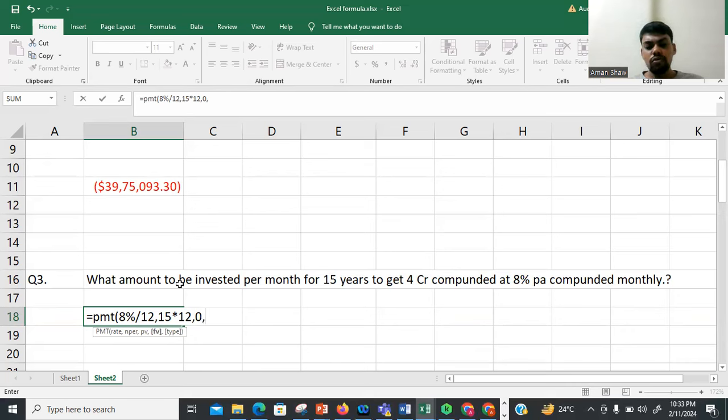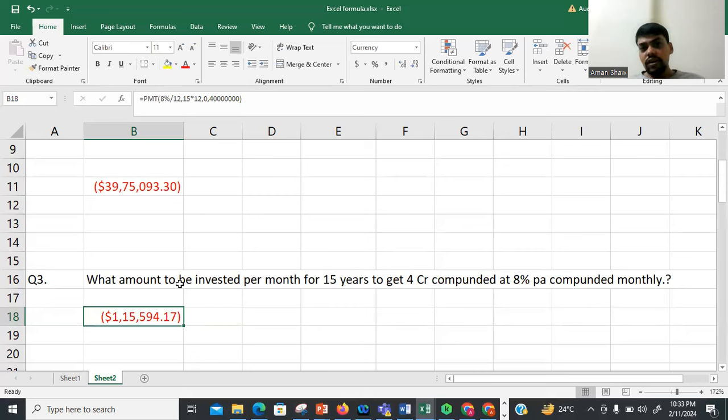And the future value is obviously 4 crores. 1, 2, 3, 4, 5, 6, 7. And by default, as I told you, it is always the end of the period. So if we invest 1,15,000 rupees monthly for 15 years at 8% per annum compounded monthly, it will turn out to be 4 crores at the end of 15 years.